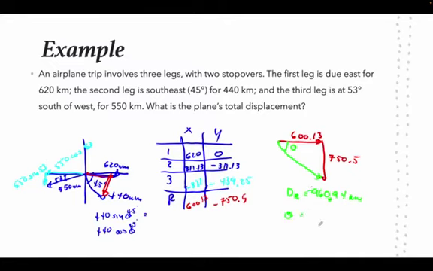And the direction is going to be equal to the inverse tangent of 750 over 600.13.